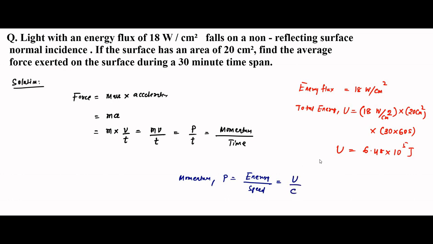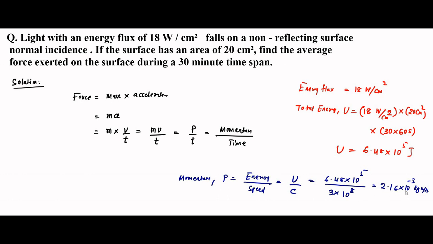That is equal to 6.48 into 10 to the power 5 joules by 3 into 10 to the power 8 meter per second. So the momentum comes around 2.16 into 10 to the power minus 3 kg meter per second.